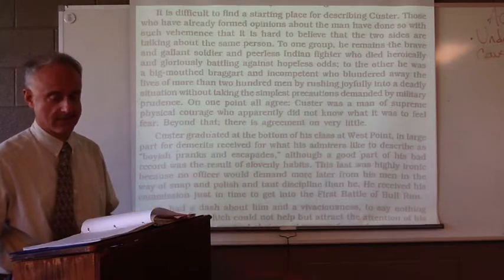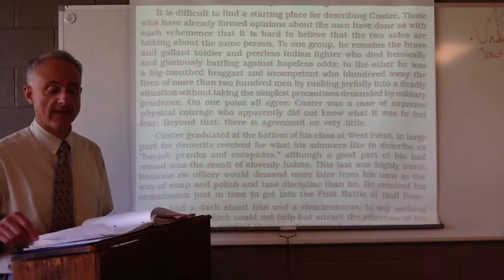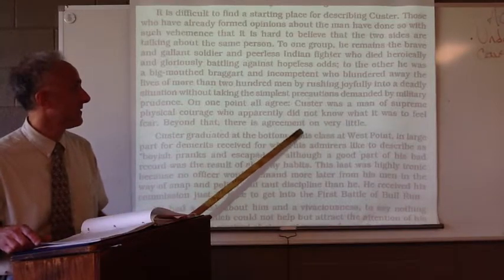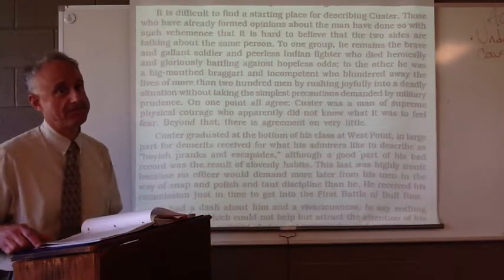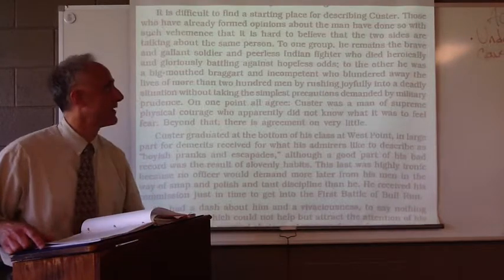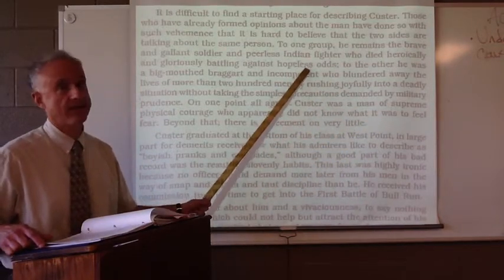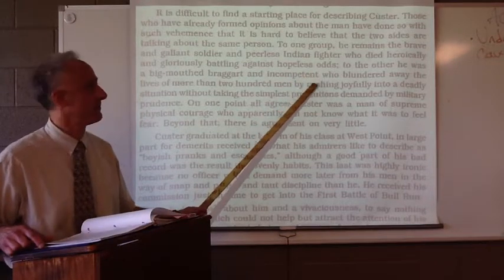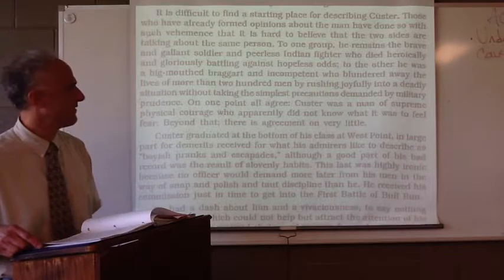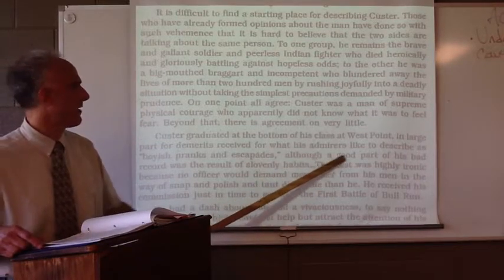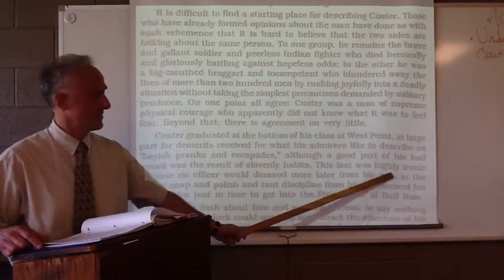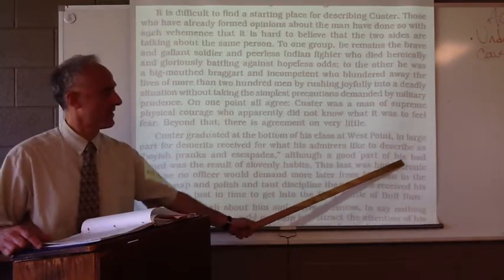So we get that idea at first, and yet, very subtly hinted at, is that you should be developing a viewpoint that he is not competent. But he wants us to believe in him as a writer that is objective. We do have, although a good part of his bad record, that's a little confusing, just the wording, good part of his bad record.